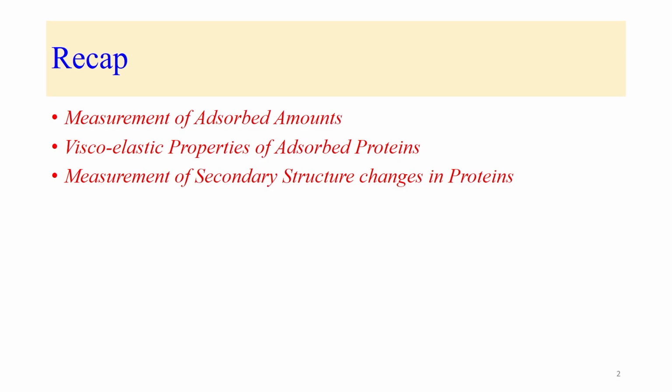So, hello everyone. Today I will discuss kinetics of protein adsorption. So, in the last class we discussed different methods to determine the adsorbed amount as well as the property of the adsorbed layer. So, for measuring the adsorbed amount we discussed the labeling methods, radioisotope labeling, fluorescent labeling.